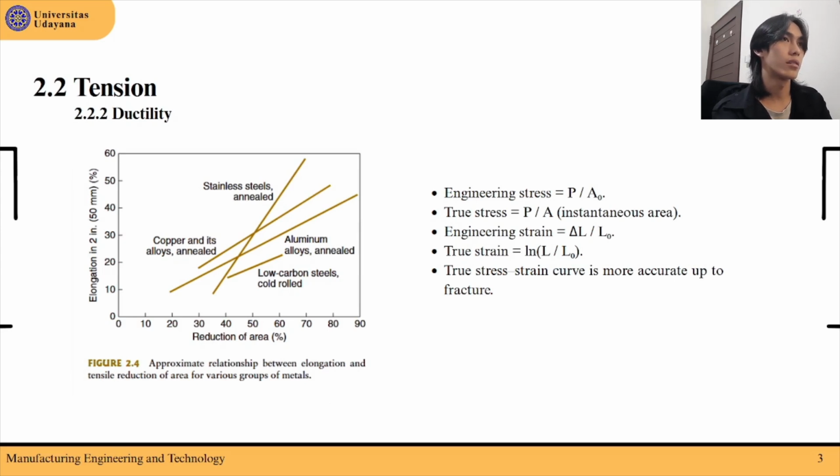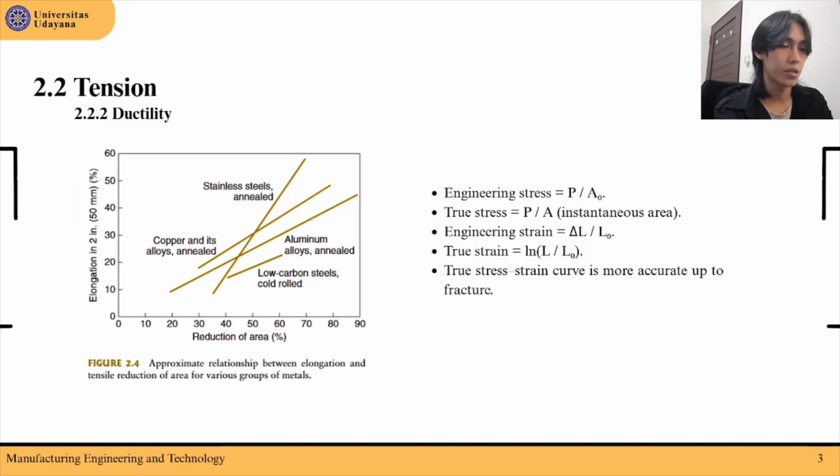Okay, in this slide, steel tension has ductility. The engineering stress and strain are based on the original dimension of the specimen. However, during deformation, they change. So true stress and strain give a more accurate description. True stress is load divided by the actual area, and true strain is the natural logarithm of the length ratio.